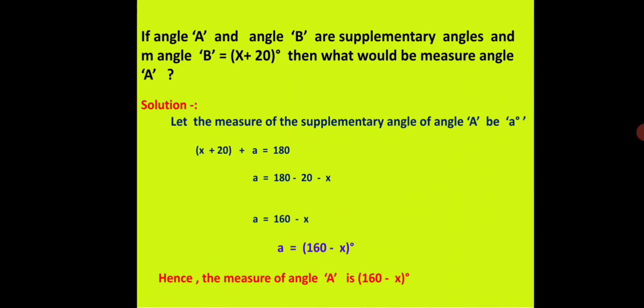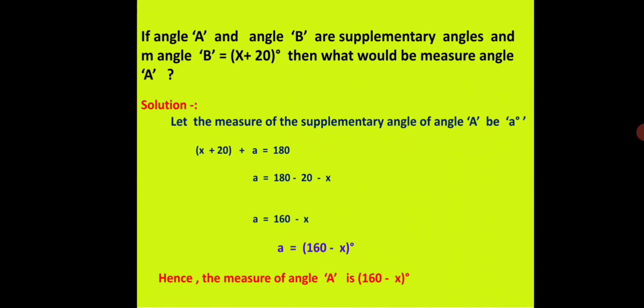Then in the next step, students, substitute the given measures in the equation, as I have substituted: x plus 20 plus A degrees is equal to 180 degrees. Why did I write 180 degrees? Because the given angles are supplementary, as given in the question. That's why I wrote 180 degrees.